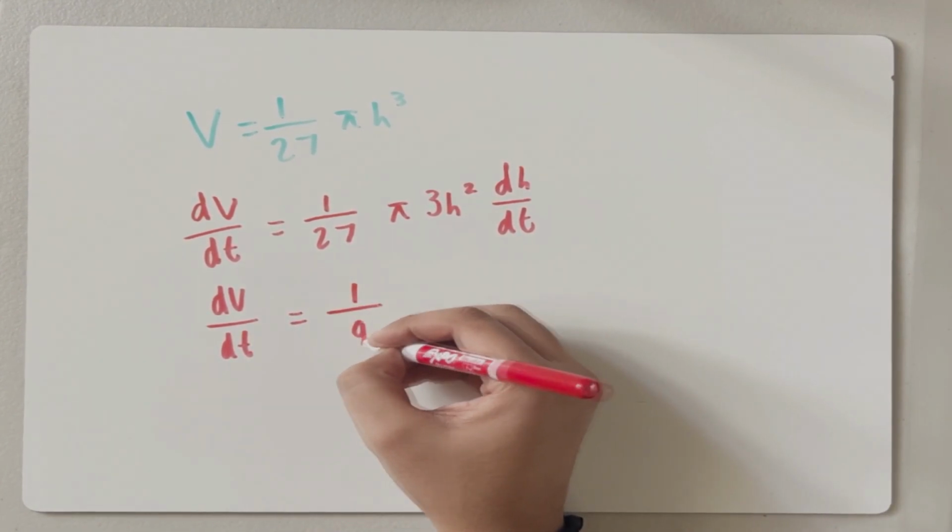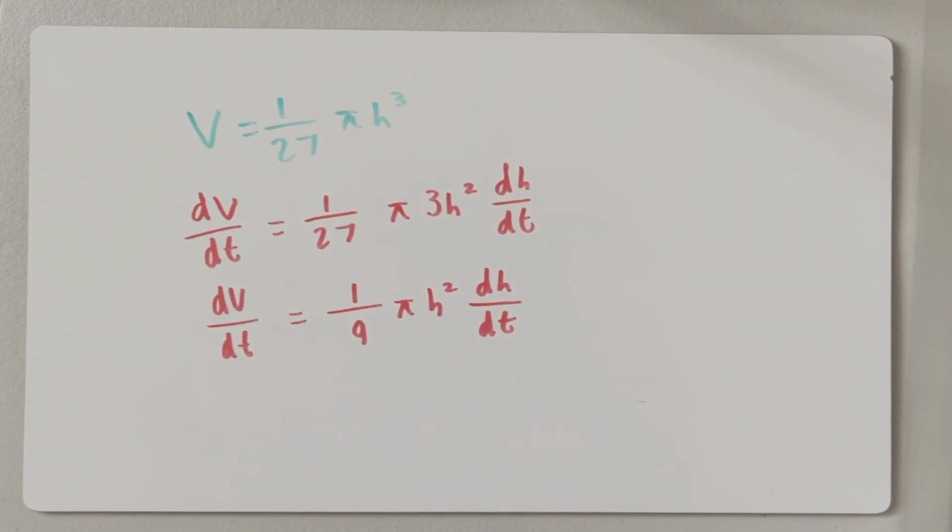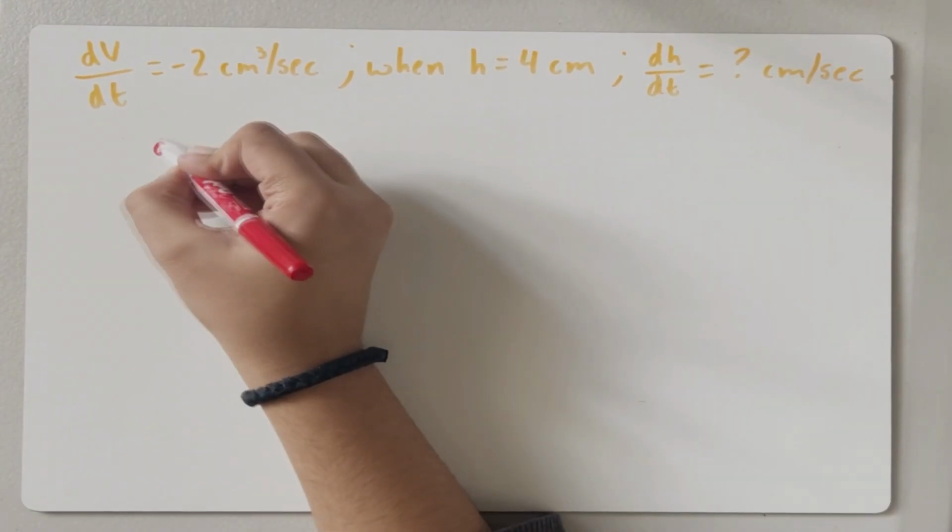Simplifying our equation, we get that dV/dt is equal to 1/9 pi h squared dh/dt. And we can then plug in our given values.